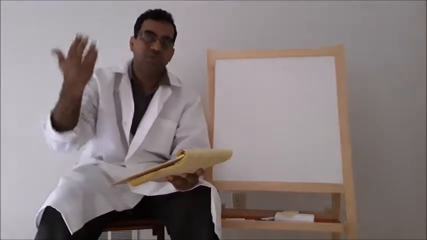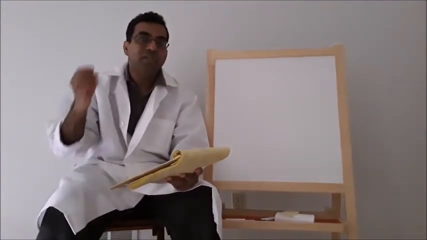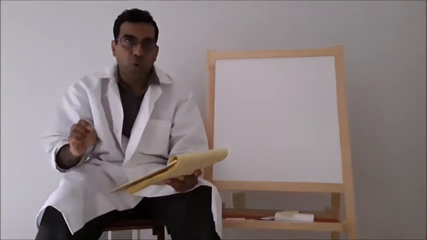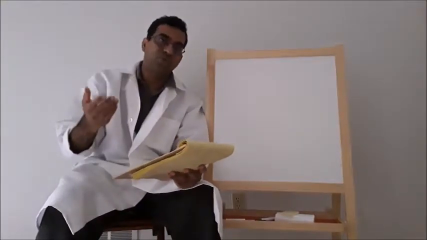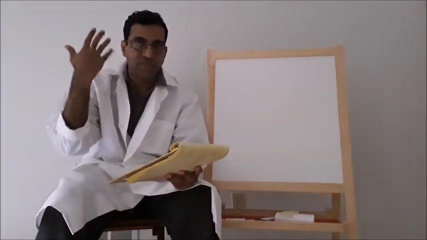Cardiac shortness of breath, or shortness of breath related to the cardiovascular system, usually is not episodic, it doesn't come and go. Of course there are always exceptions to the rule, but these are just two rules of thumb which you can use in your clinical life to help you address the patient's primary complaint.